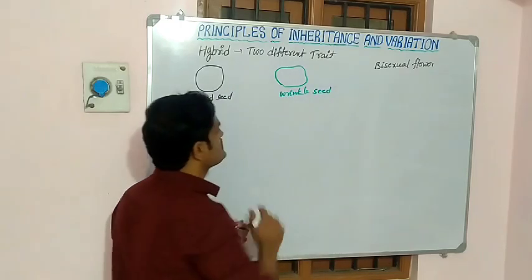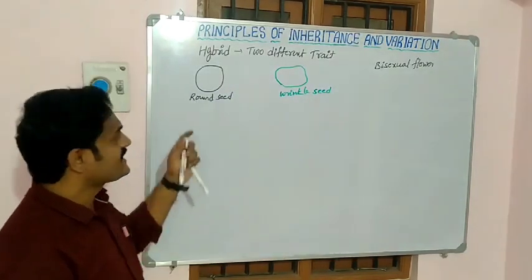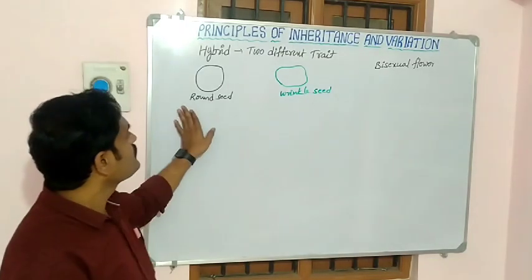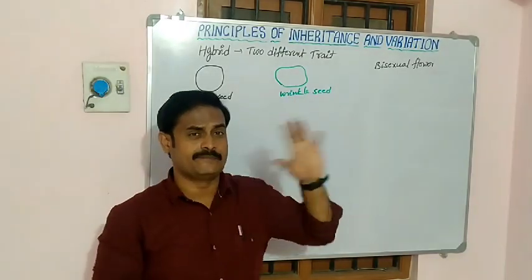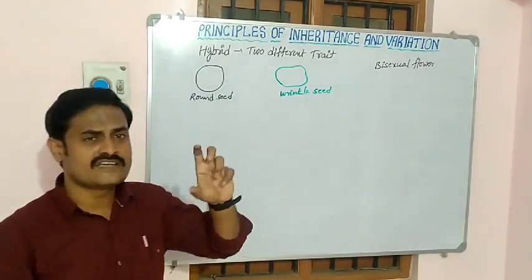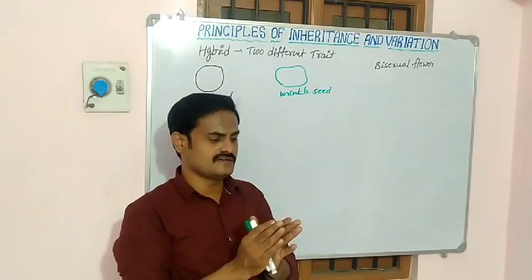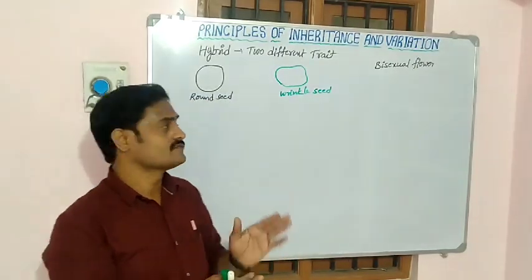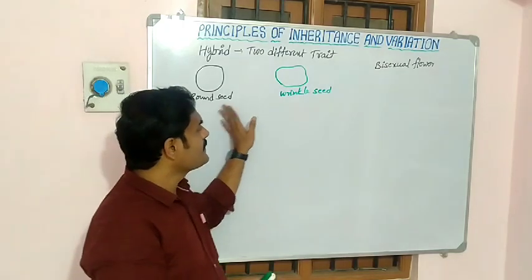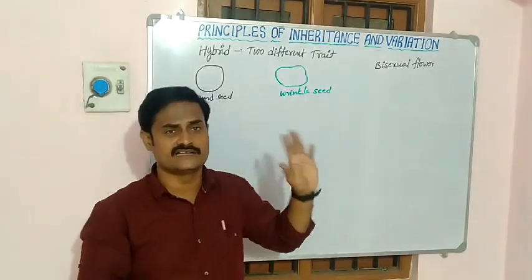So these are the one character. Shape is one character, but this character consists of two different types. What are they? One is round shape, another one is wrinkled shape.